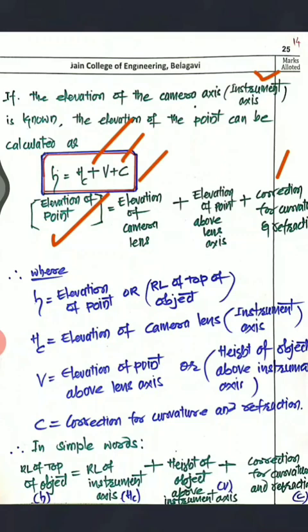Where H is the elevation of the point or RL of top of object, HC is the elevation of the camera lens, instrument axis, V is the height of the object above the instrument axis, and C is the correction. So in general, RL of top of object H is equal to RL of instrument axis HC plus height of object V plus corrections. This is the formula to get the RL of the top of the object. This formula you have to remember.